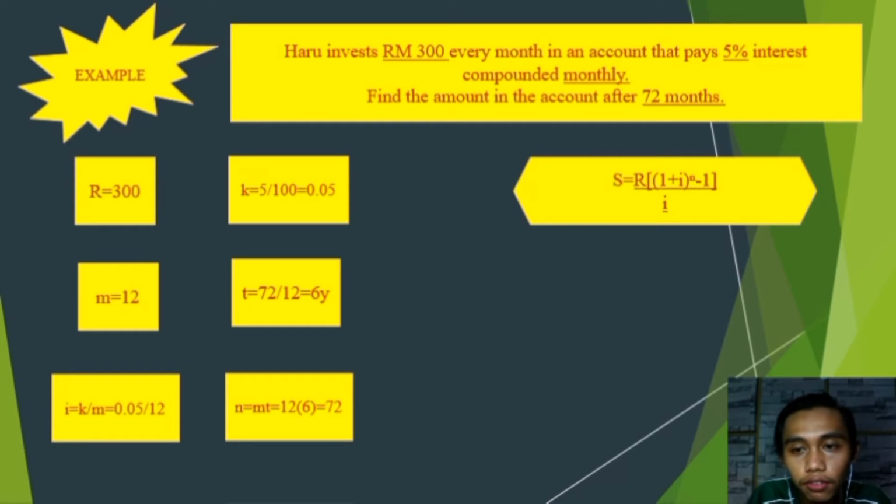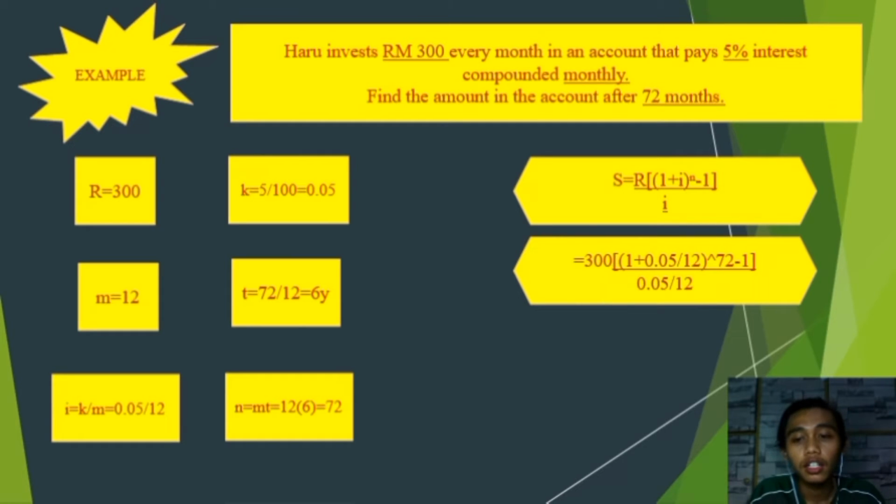So, we need to change the formula to the numbers. 300 times open bracket 1 plus 0.05 divided by 12 power 72 minus 1 close bracket divided by 0.05 divided by 12.